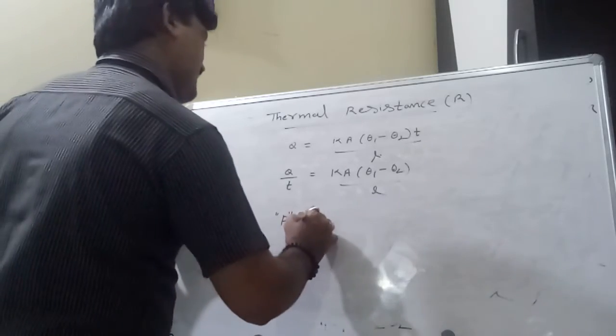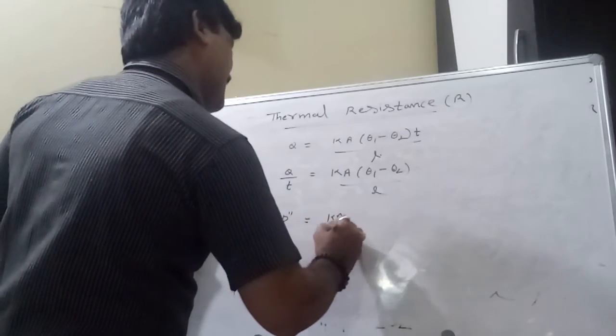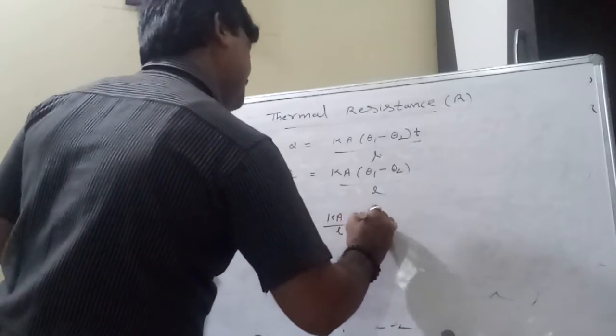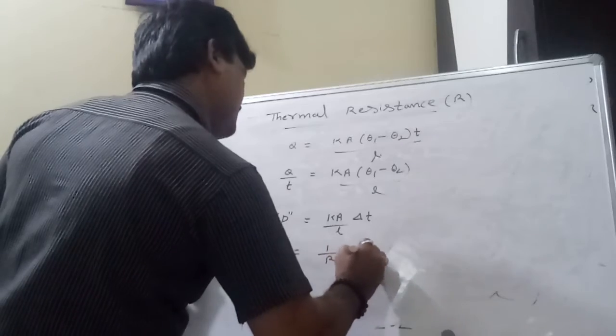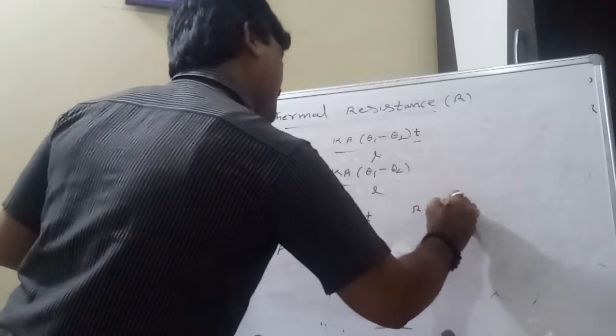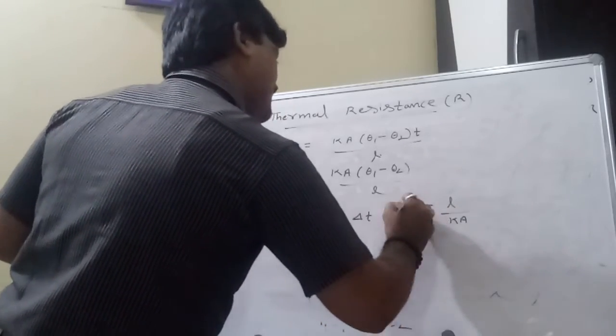So P equals K A by L into delta T, that is, P equals 1 by R into delta T. So R is equal to L by K A.